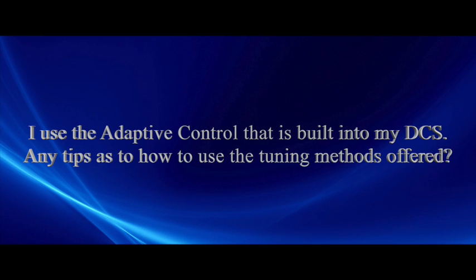That has a choice of different tuning methods. Yeah. But one of the things we learned is that we really want to set lambda in terms of a dead time, and I don't think it's the default that comes up.